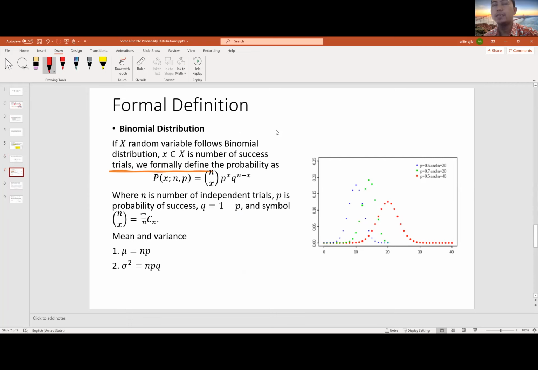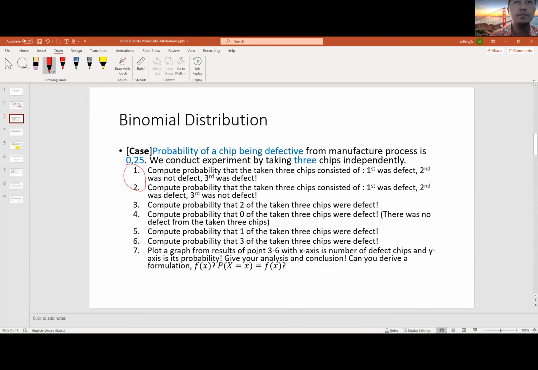Remember yesterday you already conducted the case, and then we already computed it, for the values from 0.3 until 0.6.